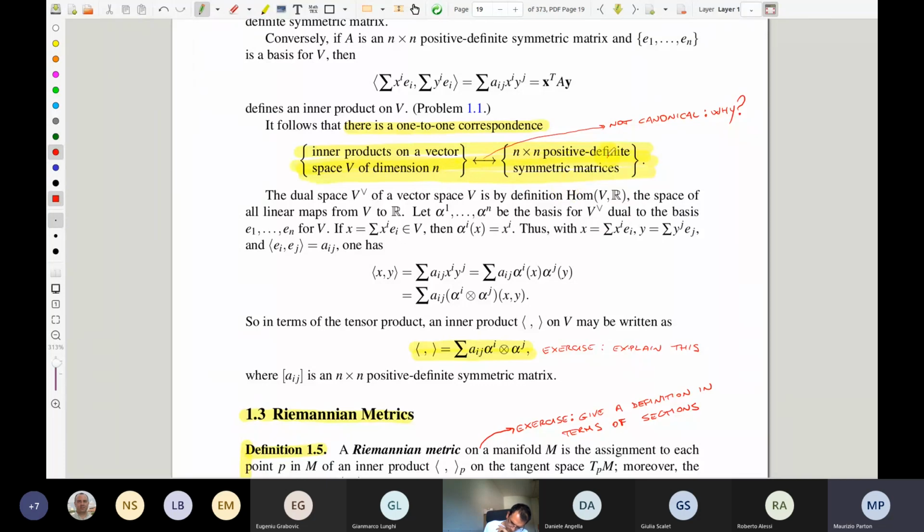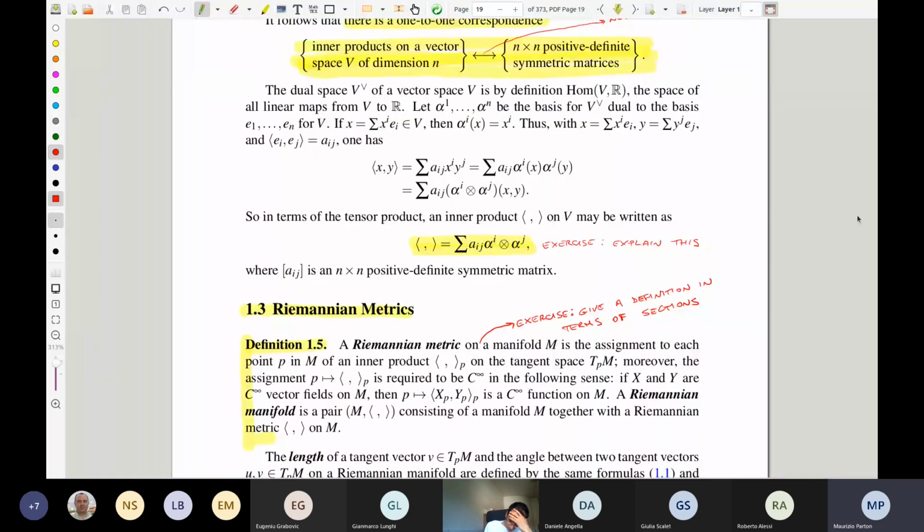I'm stressing this terminology because we mathematicians use it very much. So if you want to learn how to read the book written by mathematicians, you have to become used to this kind of terminology. If you listen to the other lectures, I already stressed this very much.